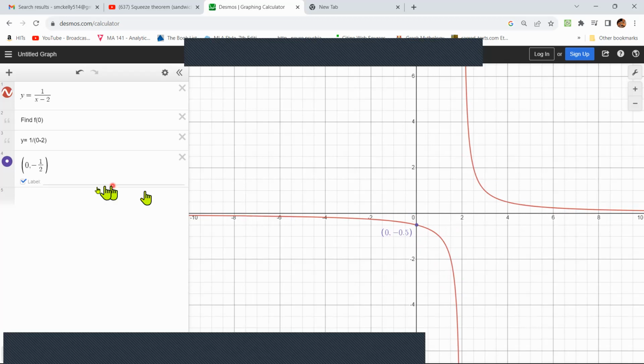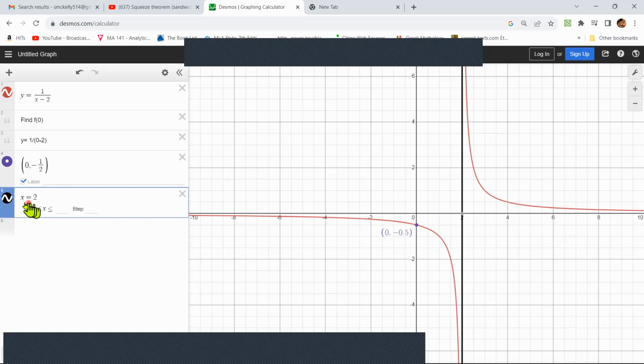Now, what about this? Let me draw something else in here. X equals 2. But let me draw it in as dotted for you there. Now, that line is an asymptote, isn't it?